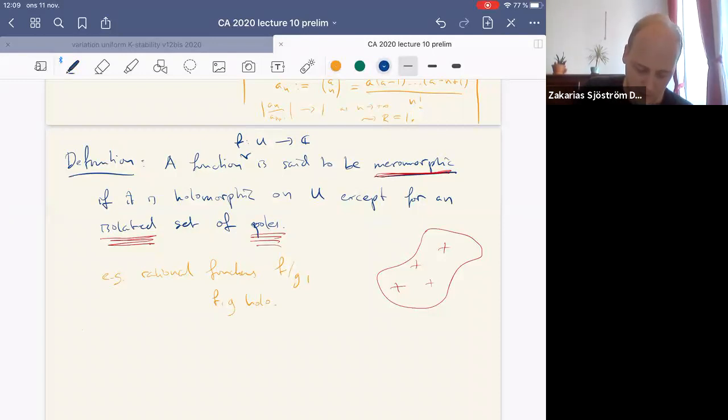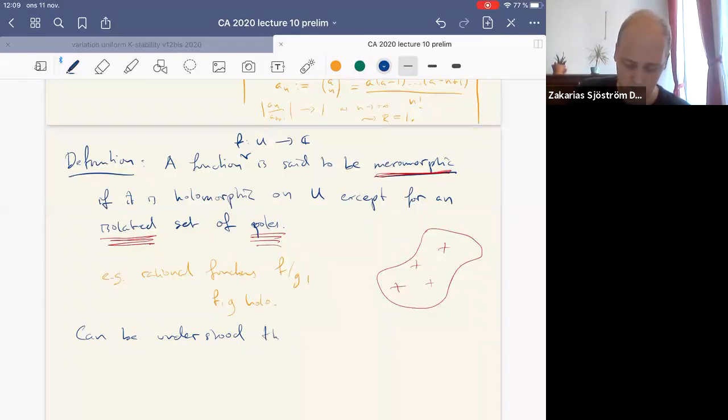So the point here is that they can be understood. It's an extension of the notion of holomorphic function, and holomorphic functions can be very well understood, as we have seen, through their power series expansion. So analogously, you could wonder what we have for meromorphic functions.